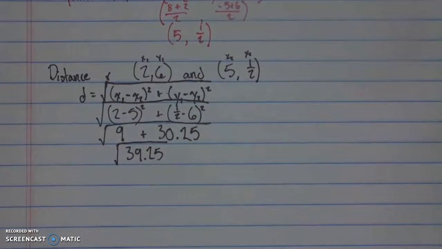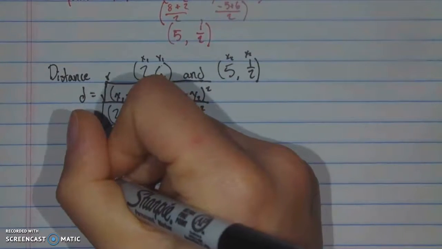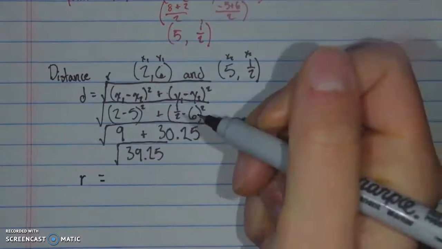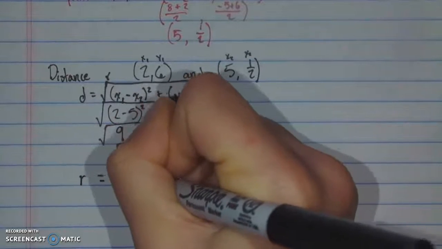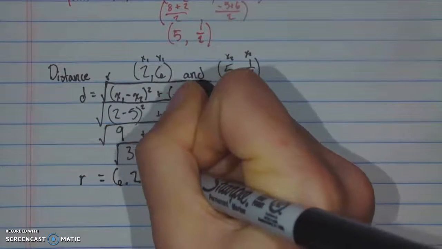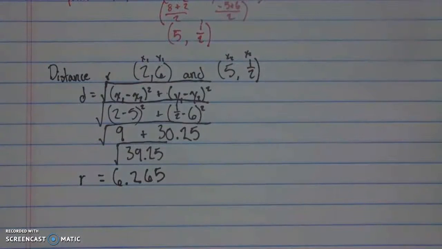Take the square root of that, and that's our radius. And that's going to give us an answer of r, our distance, is equal to 6.265 approximately.